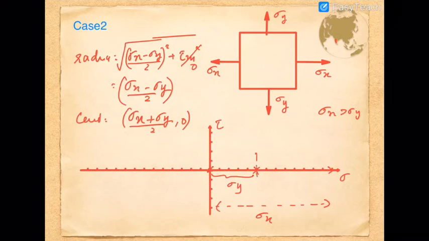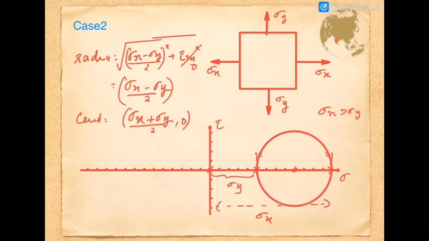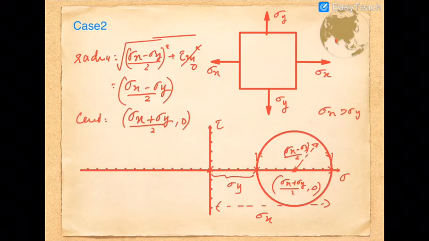Then we find this much distance and find the center point. Keeping this as the center, I draw a circle. That circle will have a radius of (sigma x minus sigma y) divided by 2 and the center (sigma x plus sigma y) by 2, 0. So this is the construction.